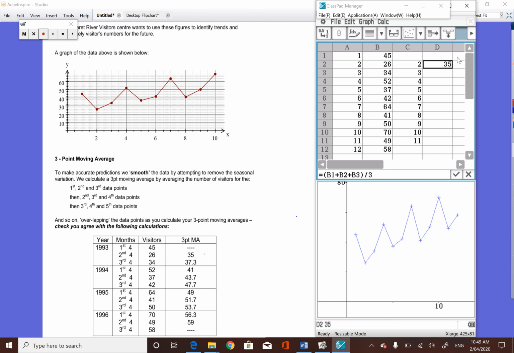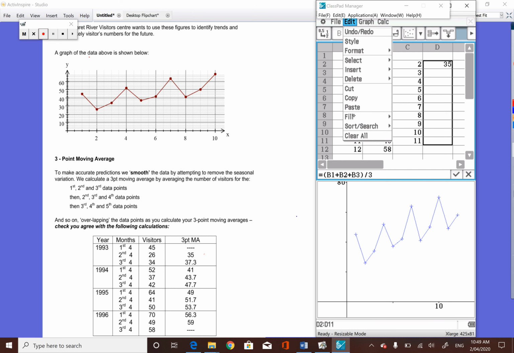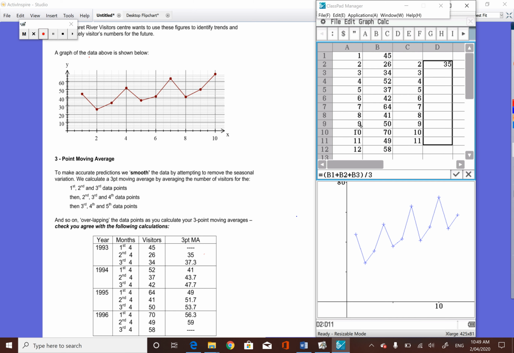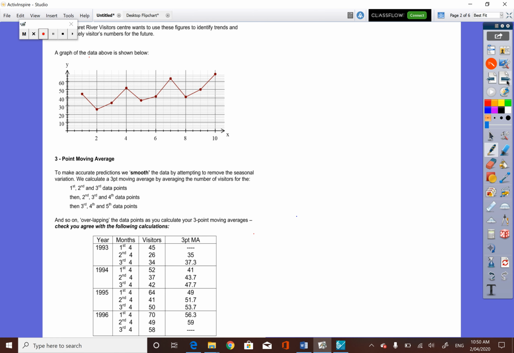Now, again, to fill this, we're going to click on the corner of that box, like that. We're going to drag that down to 11. Then at the top, we're going to go edit, we're going to go fill, and we're going to go fill range. Check that your formula is correct, okay, and there it is. You can see our numbers are very slightly different to the ones on the table, and that's because ours have got further decimal place values. So now we've got that, we can move along on the sheet.